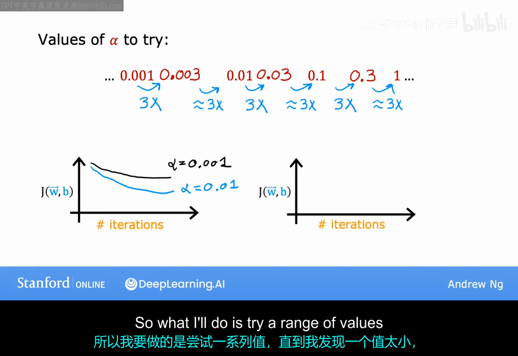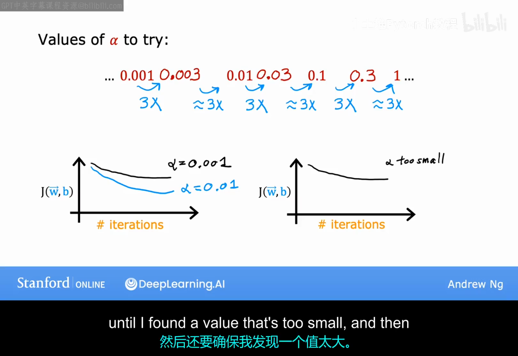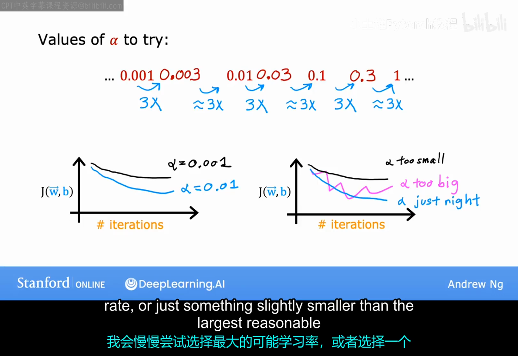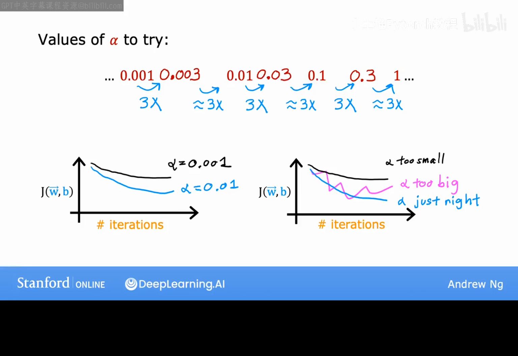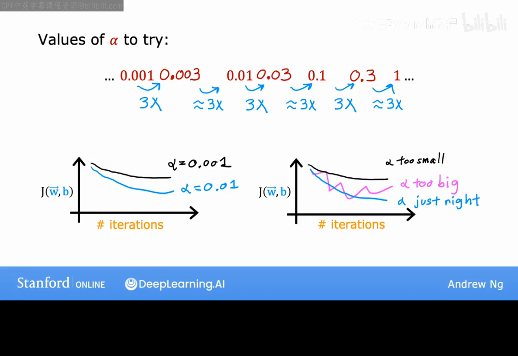So what I'll do is try a range of values until I found a value that's too small, and then also make sure I found a value that's too large. And I'll slowly try to pick the largest possible learning rate, or just something slightly smaller than the largest reasonable value that I found. And when I do that, it usually gives me a good learning rate for my model.